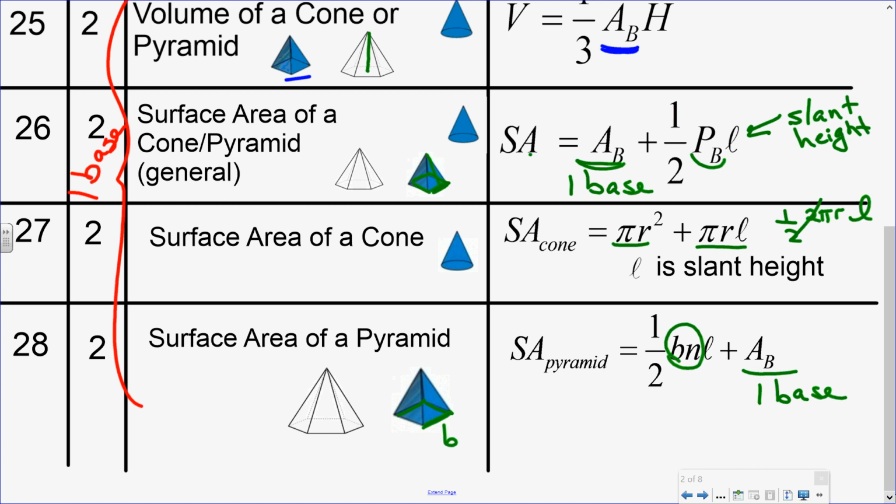N is how many sides it has, and if this is a regular pyramid, so that all of the sides are the same, so that the base is a square or an equilateral triangle or a regular pentagon or hexagon. If we just know one side, we multiply it by how many sides that we have, and that's the perimeter of the whole thing.